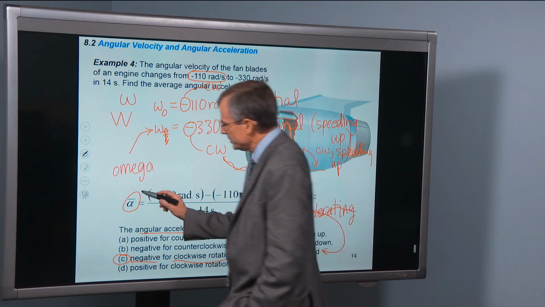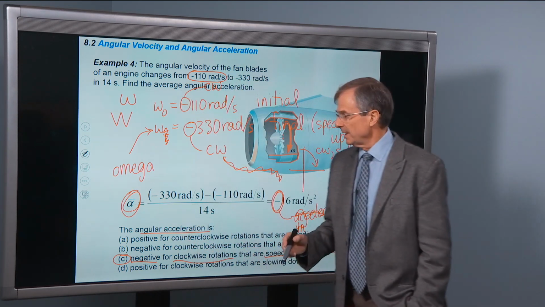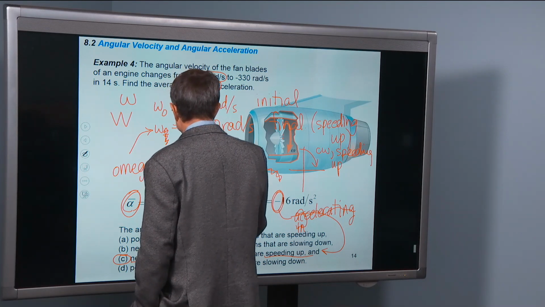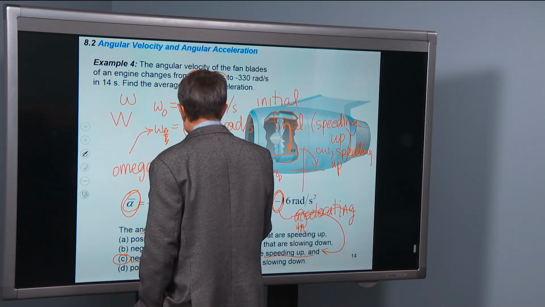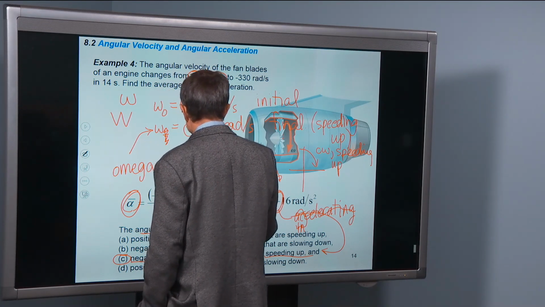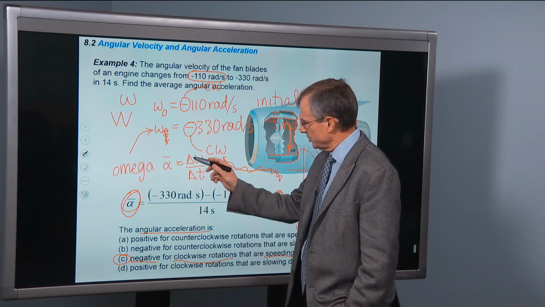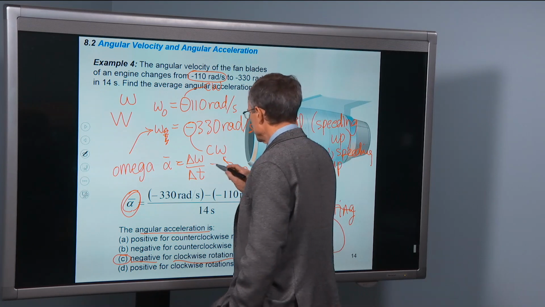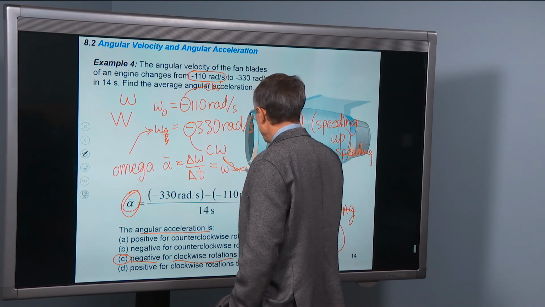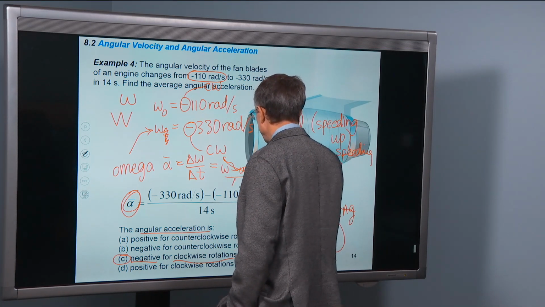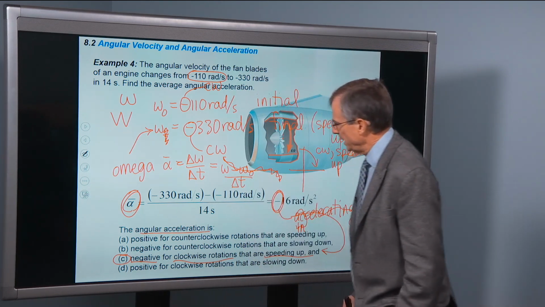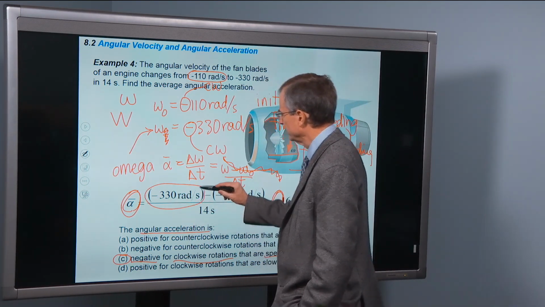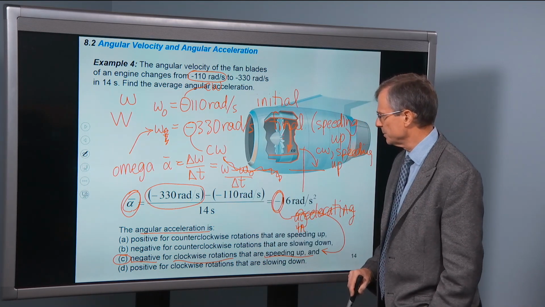The average angular acceleration is, remember, the change in angular velocity divided by the change in the time. The change in angular velocity is the final minus the initial. So what we're going to want is omega minus omega naught over delta t. And here's the final, omega, negative 330 radians per second.